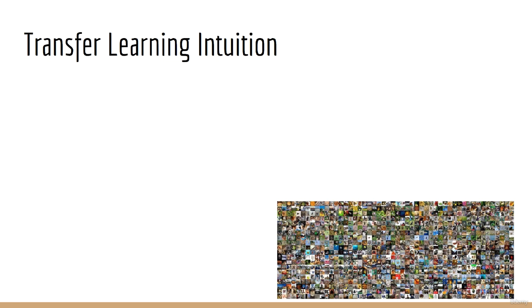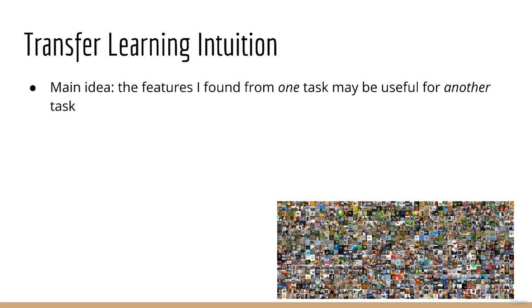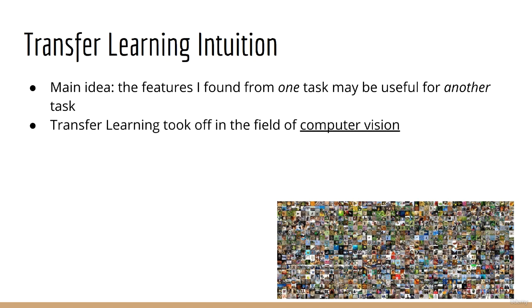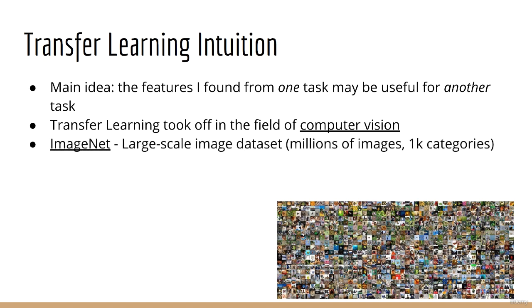This is the basic idea behind transfer learning. It's the idea that the features that I found for one task could be useful for some other task. Transfer learning really took off in the field of computer vision, so that's what we are going to focus on in this course. Probably the most widely known large-scale image dataset is called ImageNet.